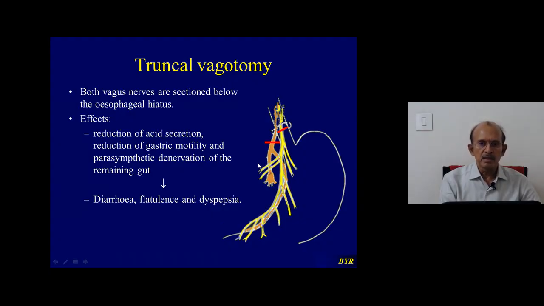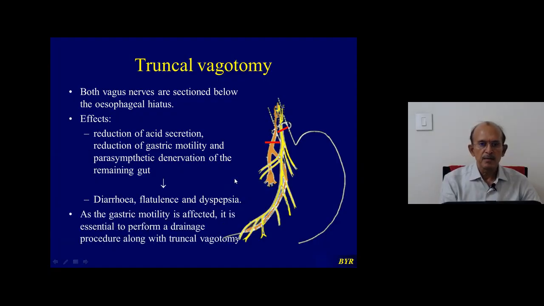Because of that, there will be some amount of dysmotility of the small bowel, and that can lead to flatulence, diarrhea, and dyspepsia. Even the gastric motility is affected, because the vagus nerve is a parasympathetic nerve. It is not only secretomotor but also motor to the stomach and rest of the viscera.